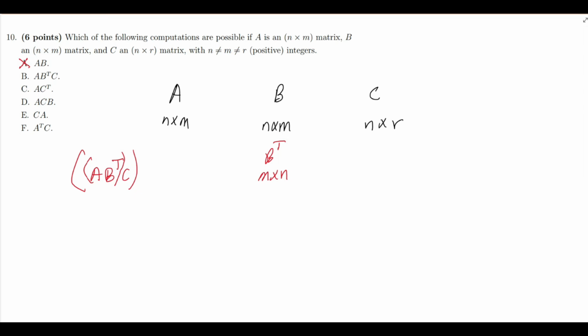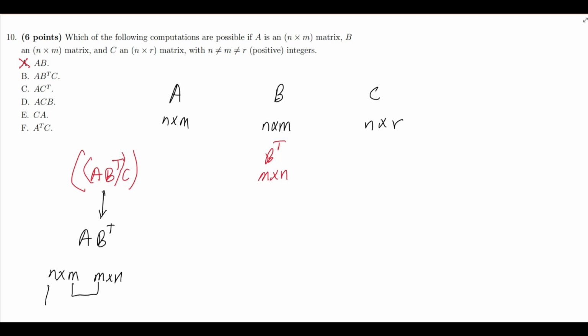Now let's look at them individually. So we're going to consider just A multiplied with B transpose. A is an n by m matrix and B transpose is an m by n matrix. Again, we see that the number of columns from the first one is the same as the number of rows from the second one. So this is possible for the first part.